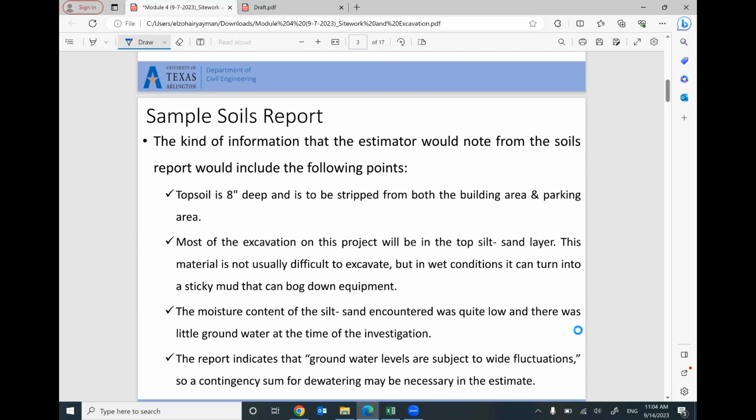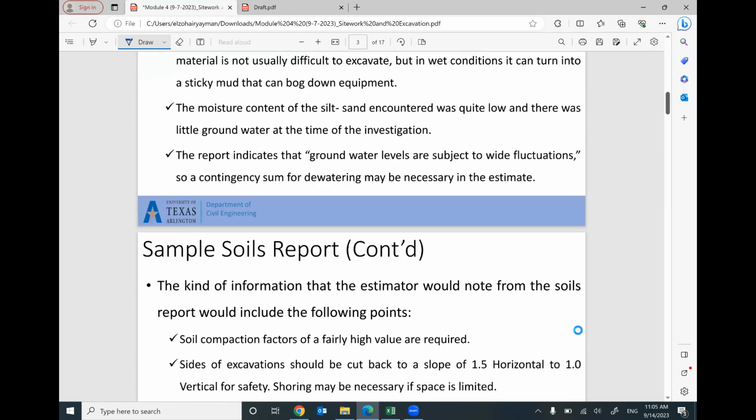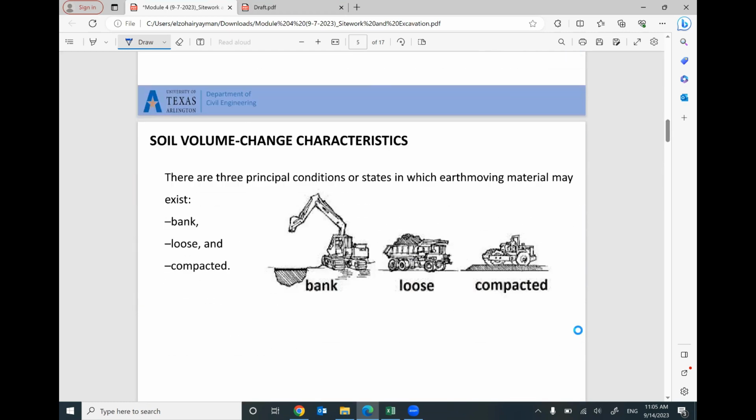And we discussed the different types of information that you can find in the soil report.